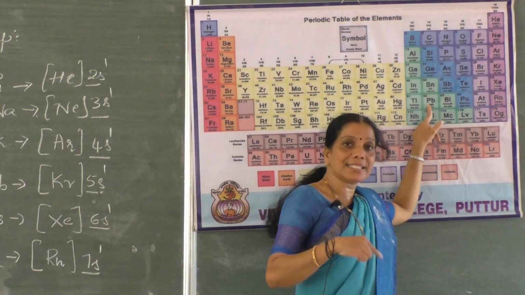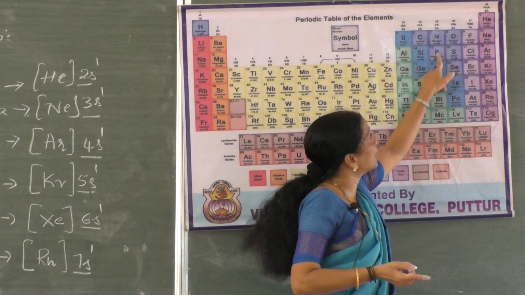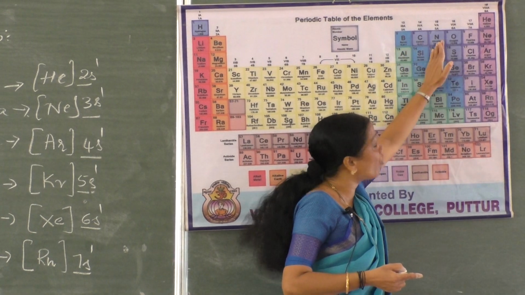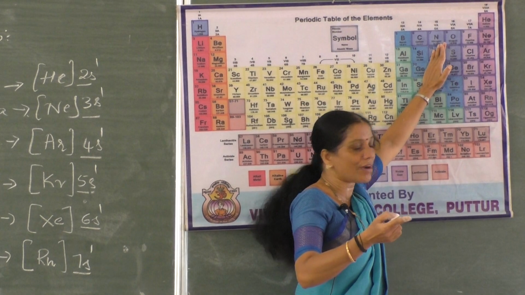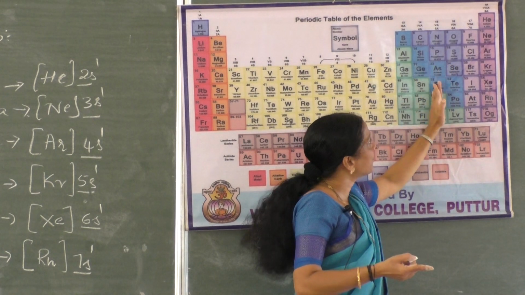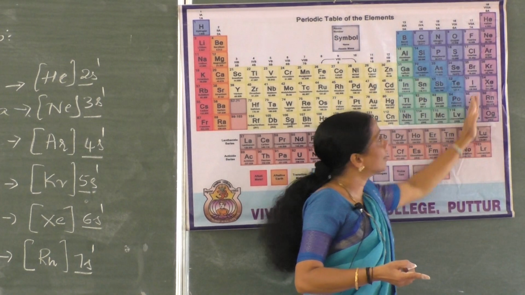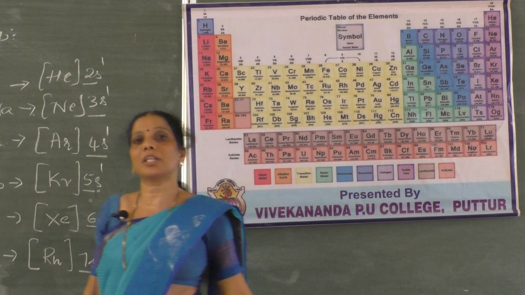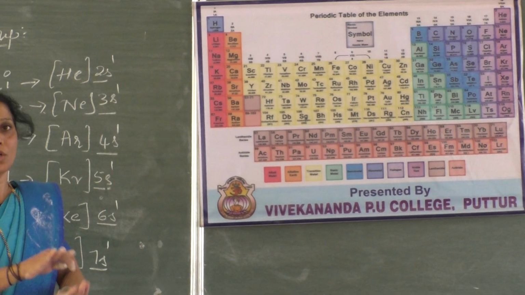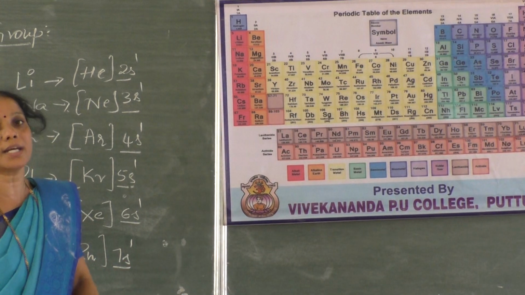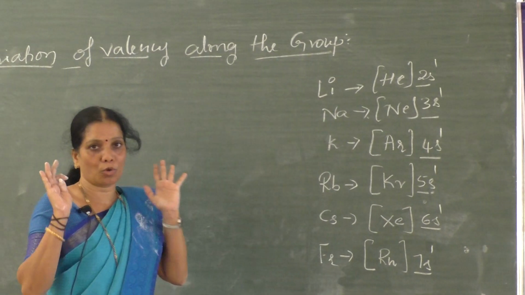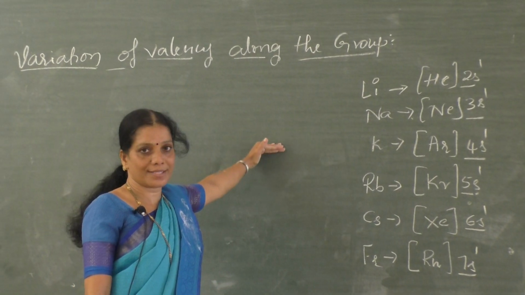For the 14th group, the valency is always 4. For the 15th group, after 4 we follow 8 minus the number of valence electrons, so it is 3. Here it is 2, here it is 1, and here it is 0. Is there any variation in the valency along the group? No. The valency remains the same for the elements belonging to a particular group. Have you followed this, students?